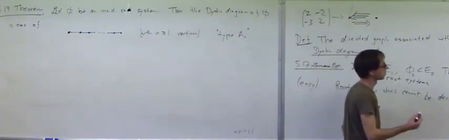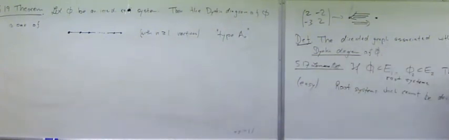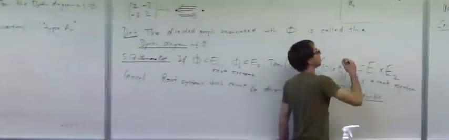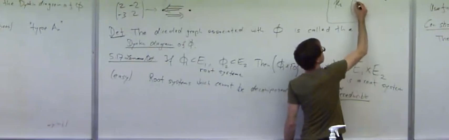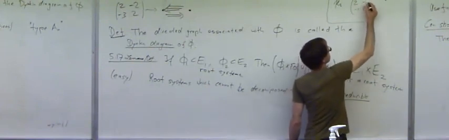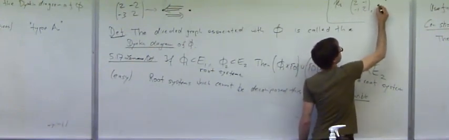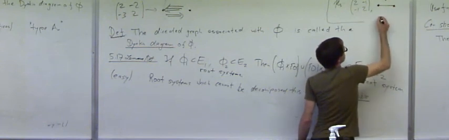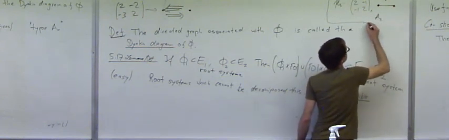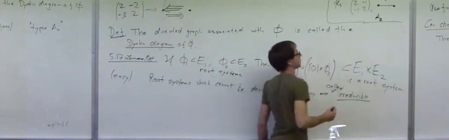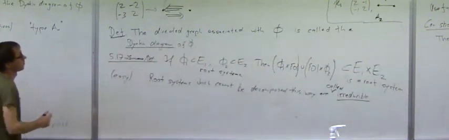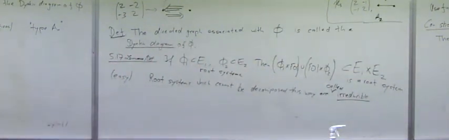Now recall we calculated the Cartan matrix to be this one, so the Dynkin diagram is this one, so this is of type A2. So here we find our SL3, the root system of SL3, it's one of those.